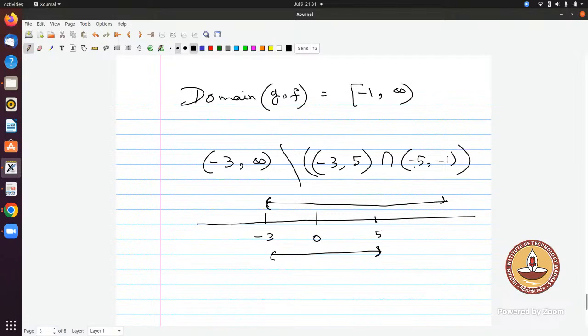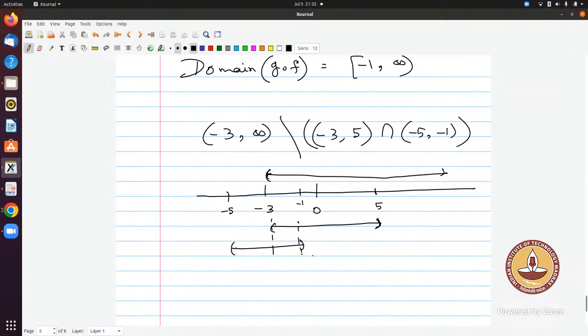And intersecting -5 to -1: somewhere here it is -5, and somewhere here it is -1. What is the intersection of these two? -3 to -1, and it is an open bracket, right? So this portion is nothing but -3 to -1, open.